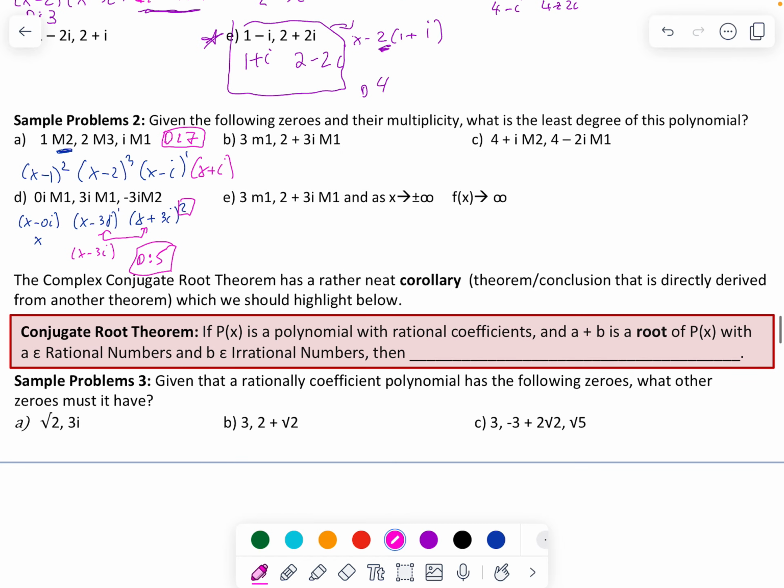All right, so it has a rather neat corollary, and this has helped me save some time.